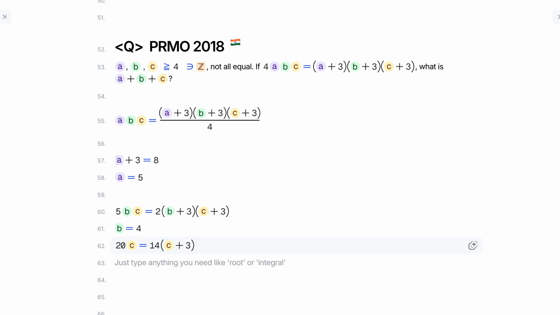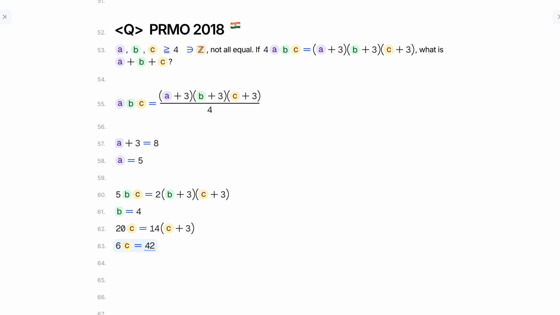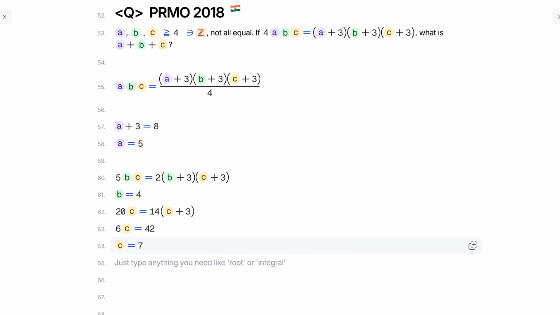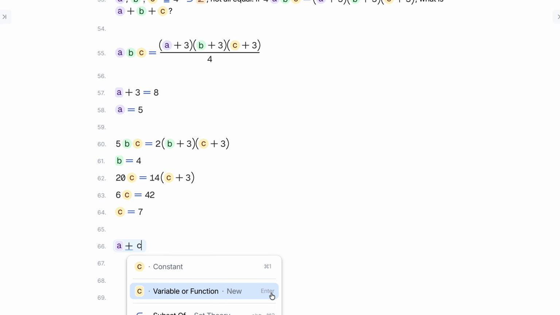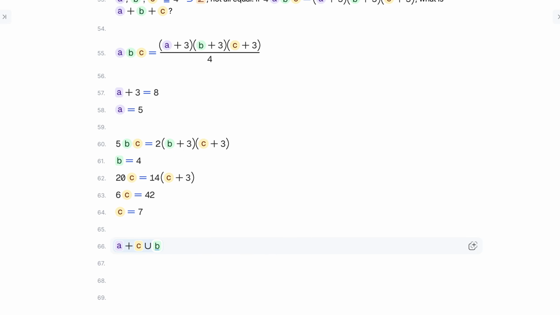That means your 6C comes out to be 42, so your C comes out to be 7. And this is actually one of the answers, right? So A plus B plus C, if you do, that's 16. So A plus B plus C is actually 16.